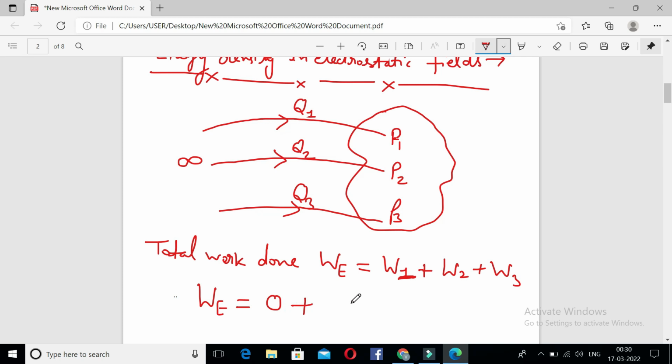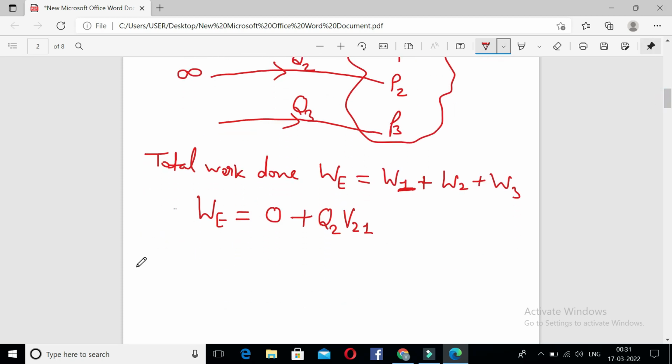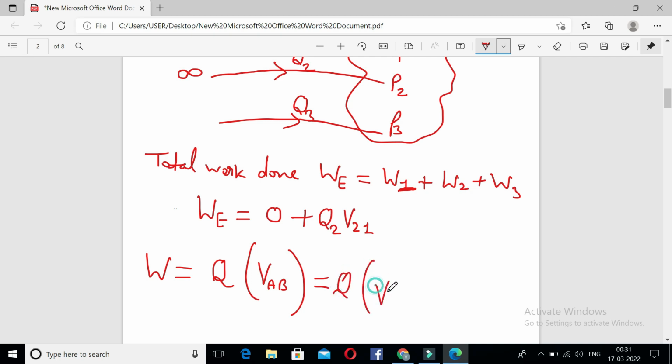For W2 it will be equal to Q2 into V21, because in the previous lecture we saw W is equal to Q into VAB, or Q into (VB minus VA).